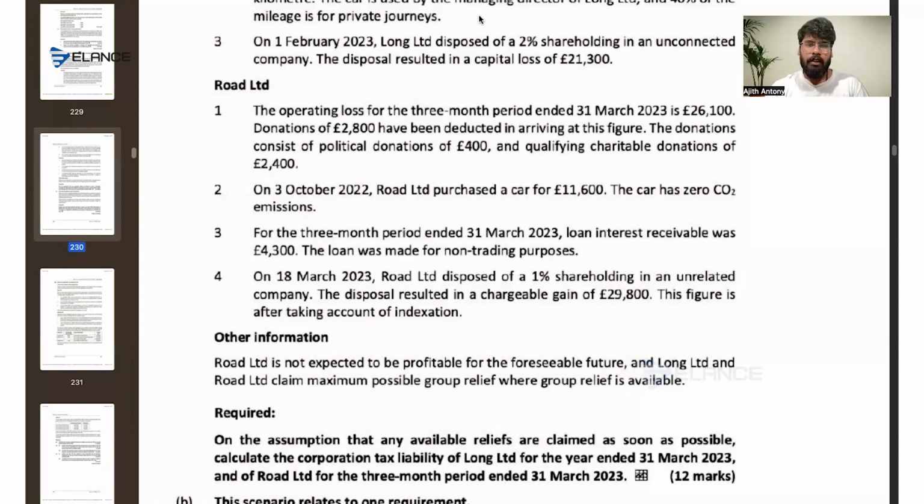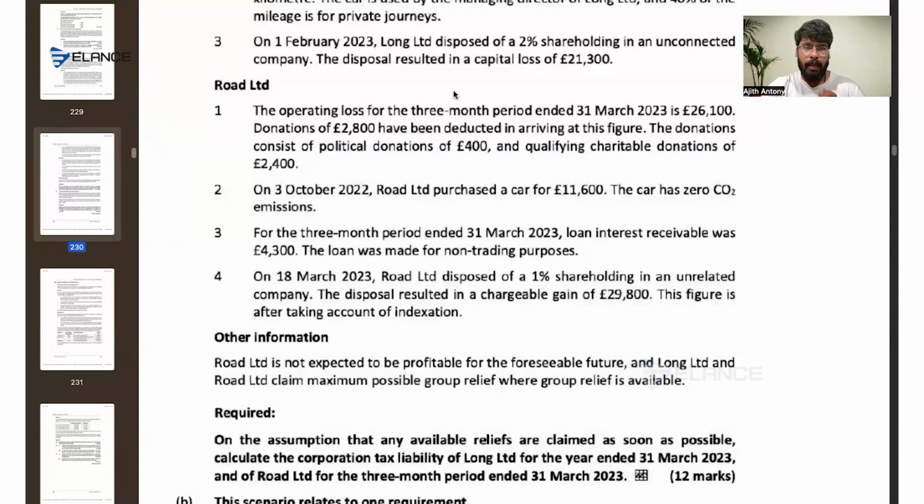Okay. So guys, today we had planned to do questions from CGT and corporation tax, and today we don't have enough time to finish the CGT. So today we are only covering the corporation tax portions.